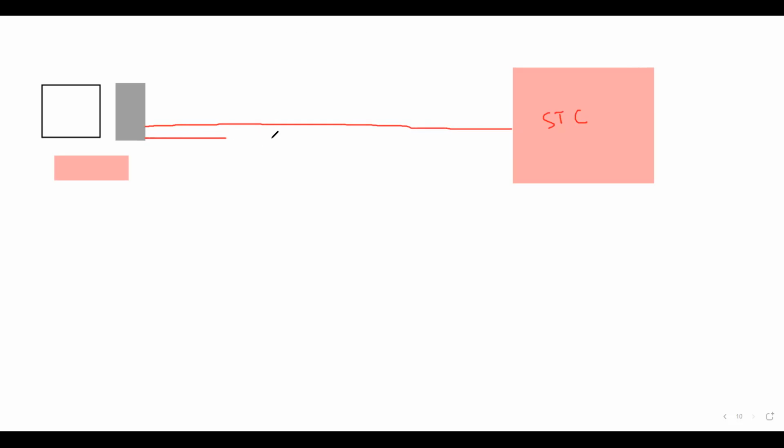For example, you're using, say, STC as your internet service provider. So this is their station, like the main server. If you are using the internet, you're using a connection of fiber optic or optical fiber. So you're connected by fiber optic or optical fiber to the internet service provider, ISP.